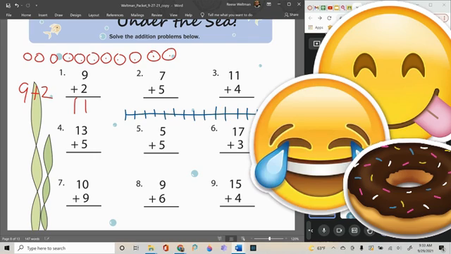I think we need to make it a little bit longer. There we go. All the way across the page.